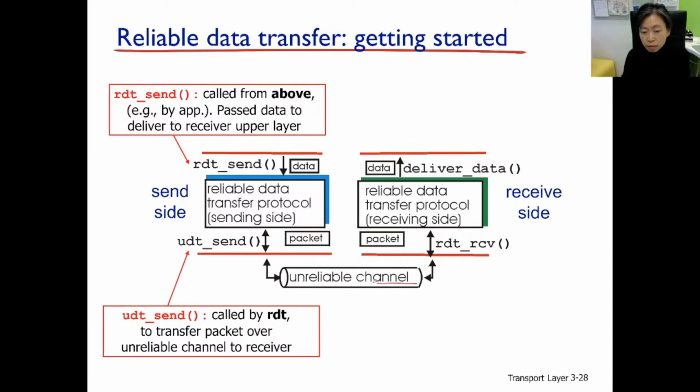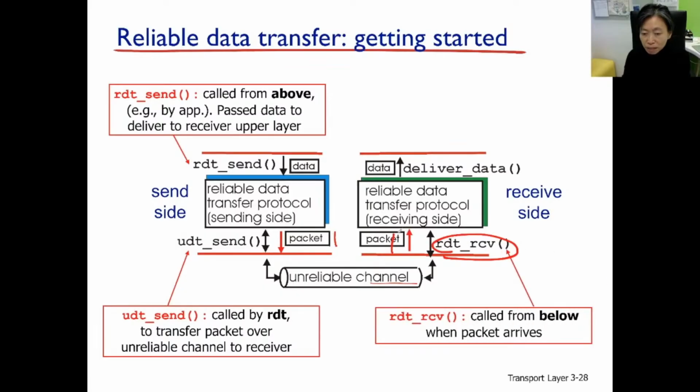Then data is going to travel through the channel and come to the network layer. That network layer component would call RDT receive to pass the packet further up. So packets get passed down by calling UDT send, and packets get passed up by calling RDT receive.